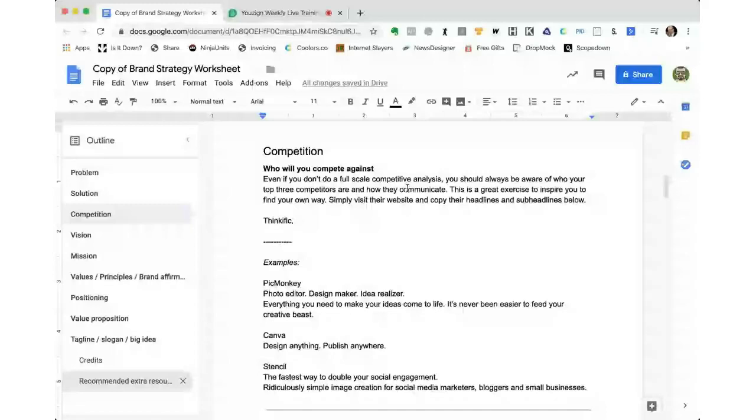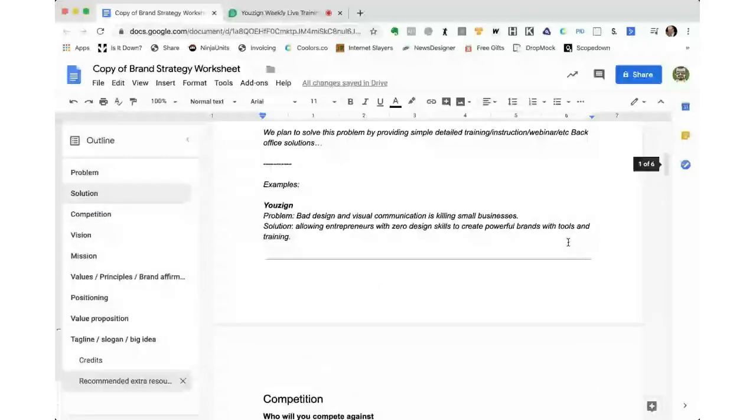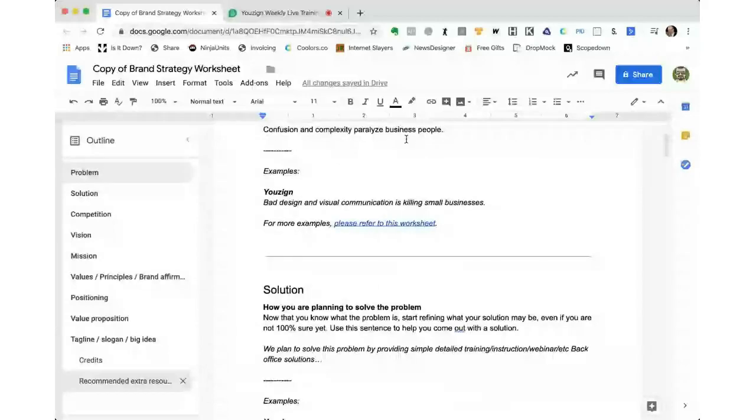But what you want to do is take a look at the competition. You want to read their headlines. You want to look at their copy. You want to figure out what it is that they're doing. And then from there, you can begin to formulate. You haven't done that yet. All you've done here is identified the problem.